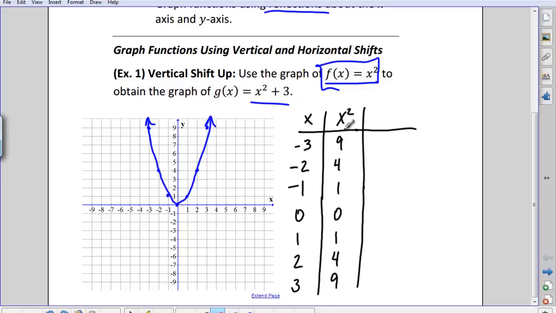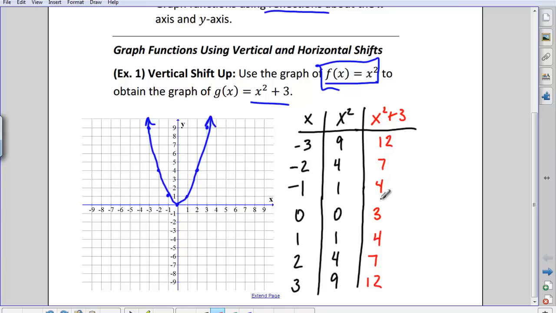So to complete this table for x squared plus 3, I just need to add 3 to this value. I've already squared it, now I'm just adding 3. So I get 12, 7, 4, 3, 4, 7, 12. I just added 3: 9 and 3 is 12, 4 plus 3 is 7, and so on.